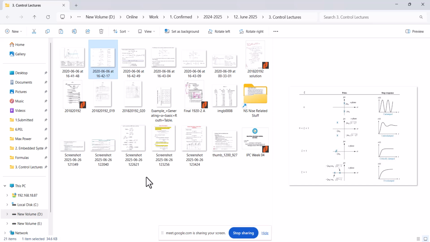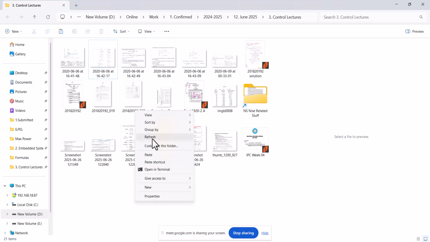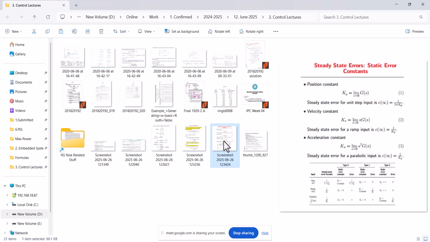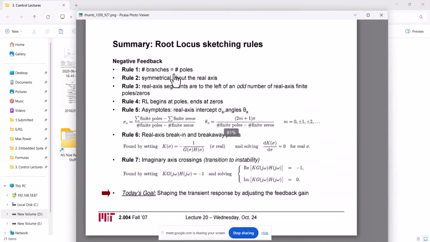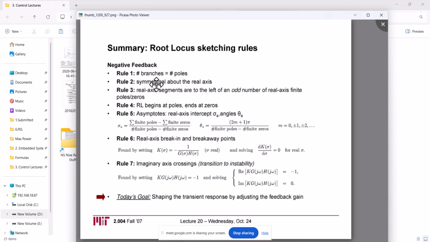If I show you the root locus concept, this is the root locus summary. Branches equal poles, symmetric about the real axis. The real axis segments are to the left of an odd number of finite poles and zeros. We will cover these step by step.